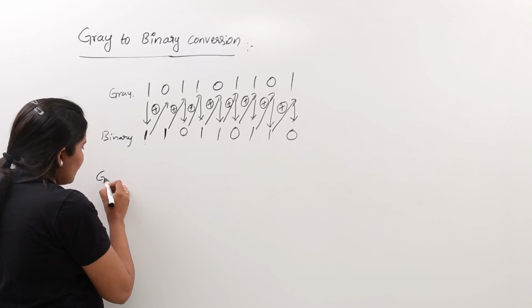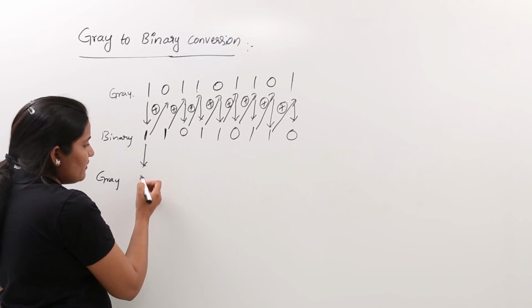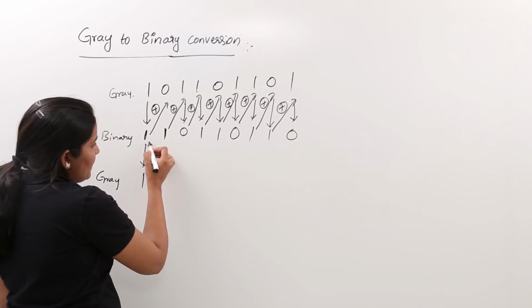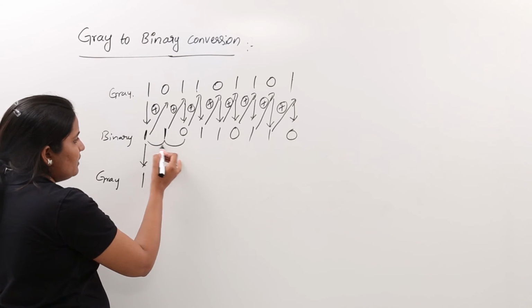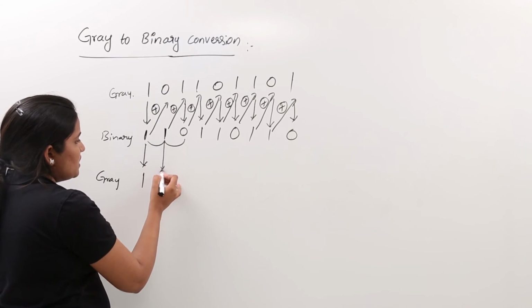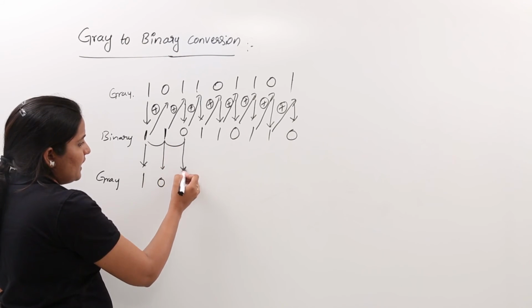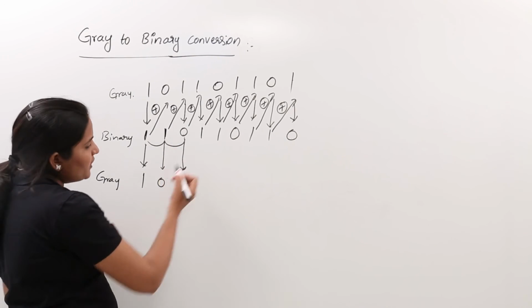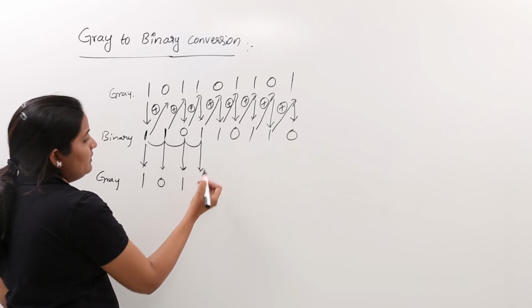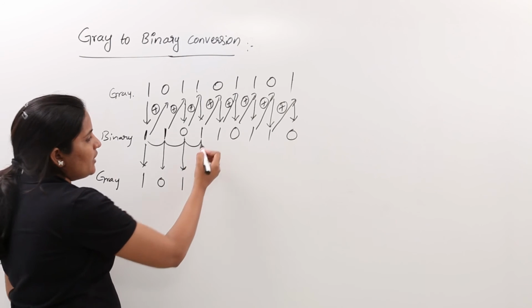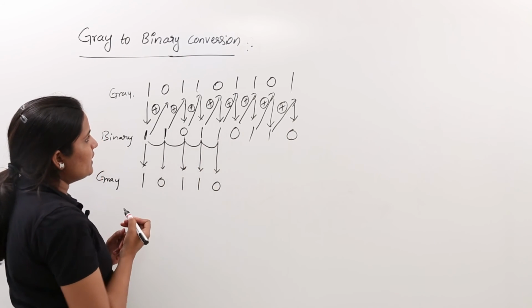In binary to gray conversion, in the reverse process, the first bit is always as it is, and from the next bit onwards we are XORing like this. So we are XORing 1 and 1 and you are getting 0 here. You are XORing 1 with 0, you are getting 1 here. You are XORing this 0 with 1, again you are getting 1 here. And you are XORing this 1 with 1, you are getting 0 here.